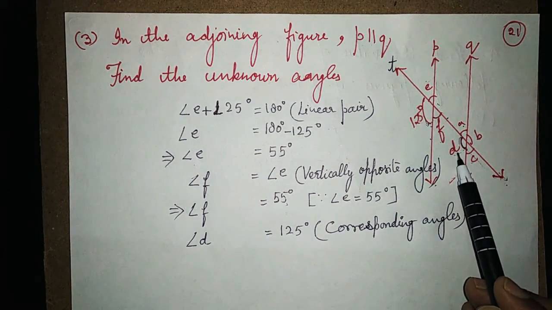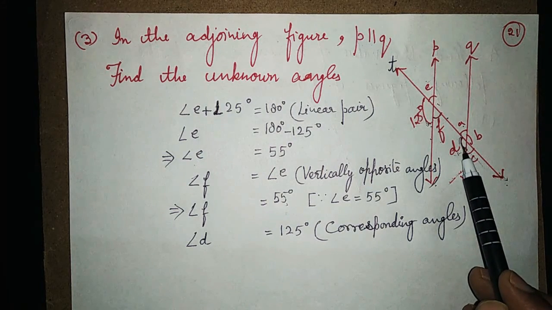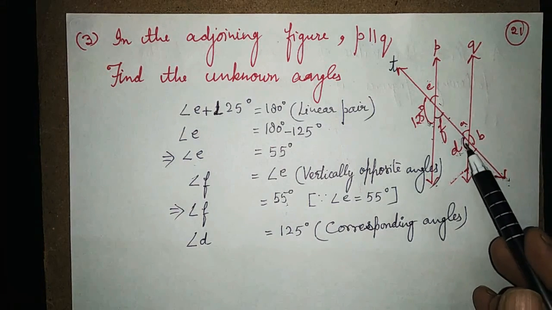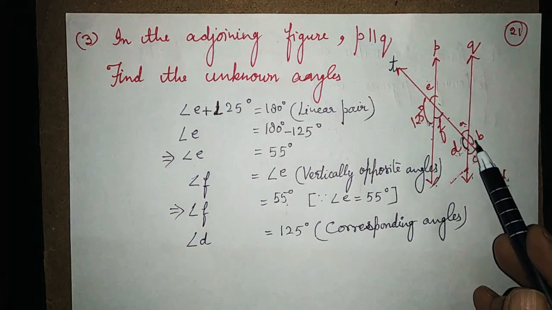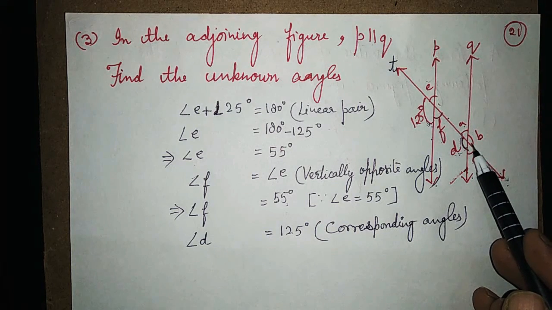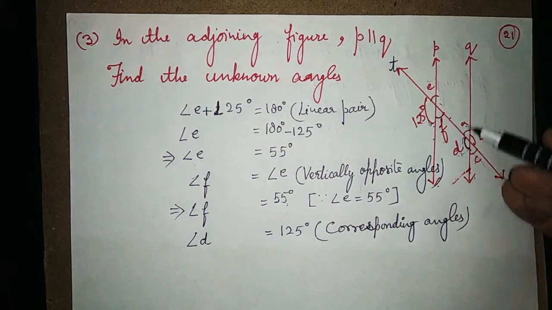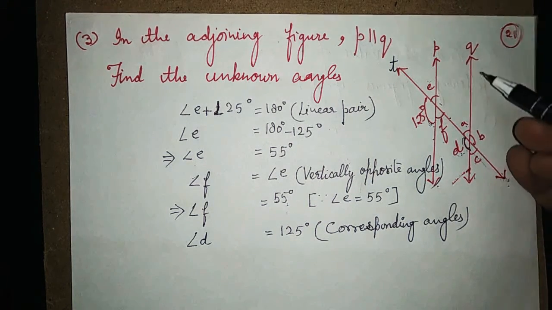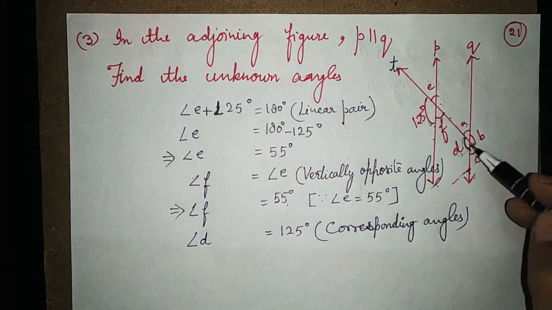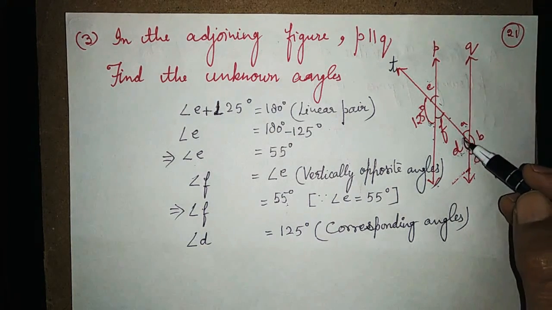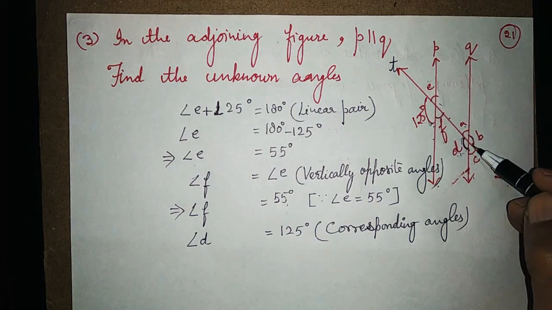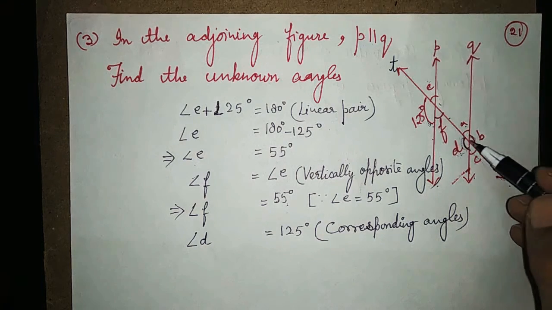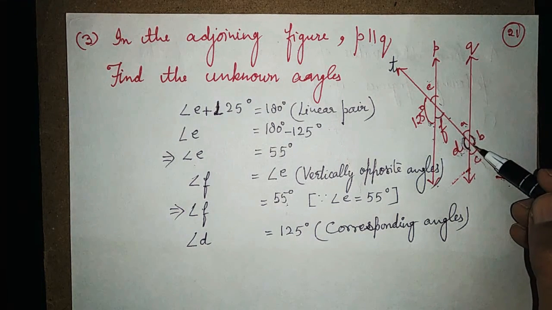After D we can find A, B, C, any angle we can find. But here I am calculating angle B first. Here you can see line Q and line P. These both straight lines are intersecting each other at this point. So angle D and B are both vertically opposite angles, and vertically opposite angles are equal.